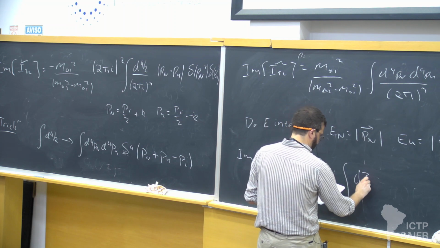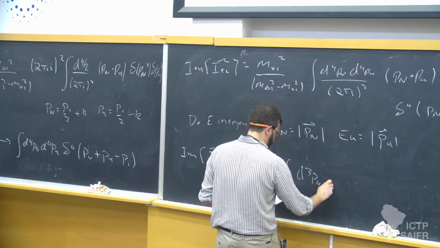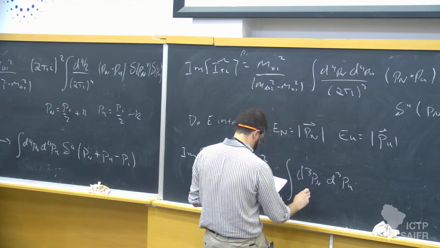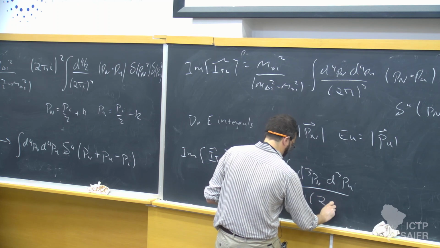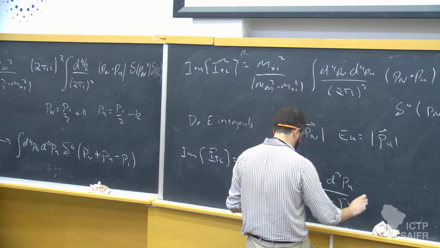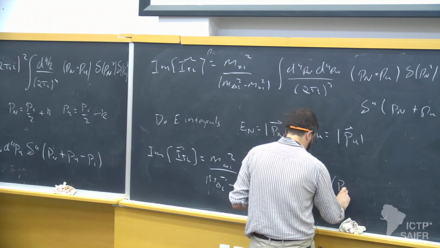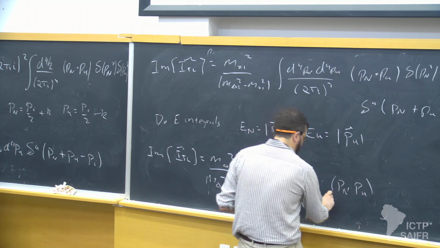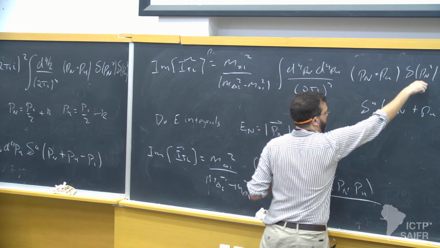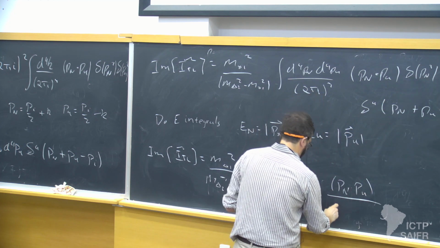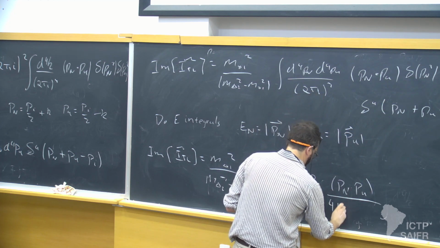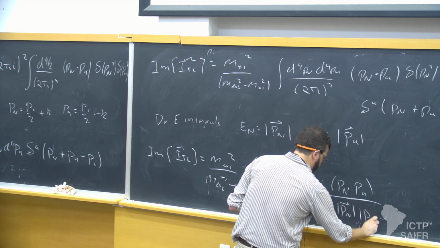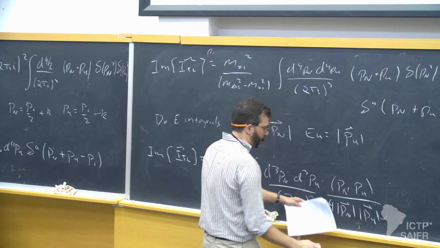Now we have three-dimensional integrals left over here. d3pn, d3pu on 2 pi squared, pn dotted with pu. And now from the properties of the delta function, we get a 4 En Eu on the denominator. Okay, these are just the energies here.